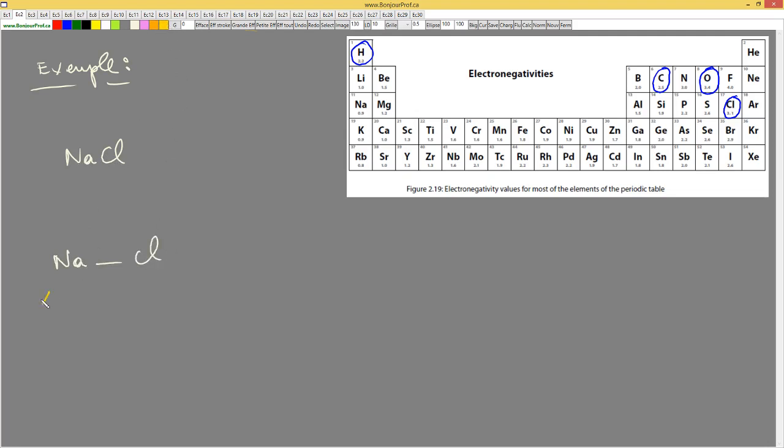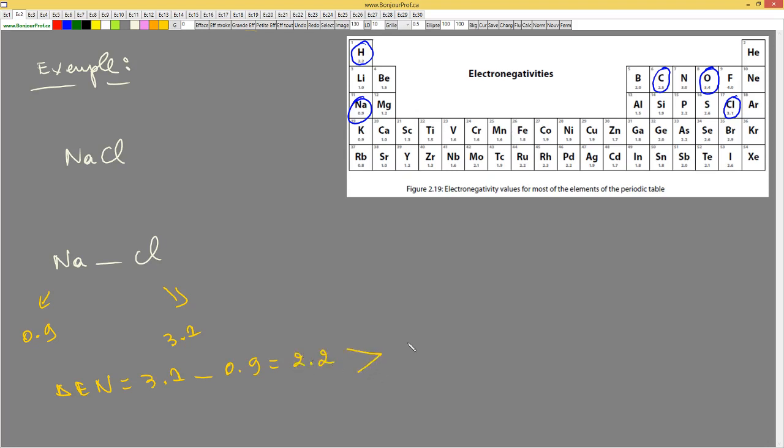Again, what is the electronegativity of sodium? 0.9, as I see here. What is the electronegativity of chlorine? Chlorine is 3.1. The difference between them will be 3.1 minus 0.9. It gives me 2.2.